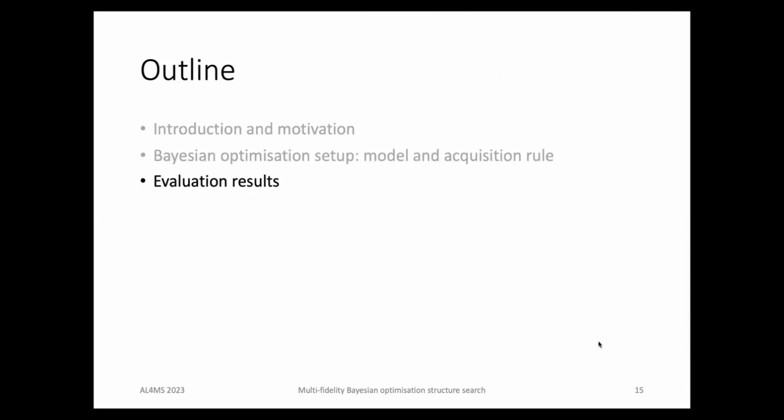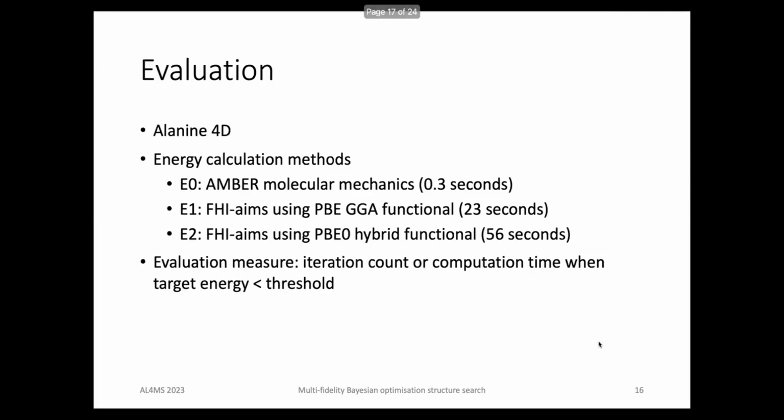So that was the Bayesian optimization setup. And now I'll try to squeeze in some evaluation and results. So as I said in the beginning, we evaluate this method with the alanine example, and we used 3 energy calculation methods from the least accurate to most accurate. We had AMBER, and when we use that, one evaluation takes 0.3 seconds.